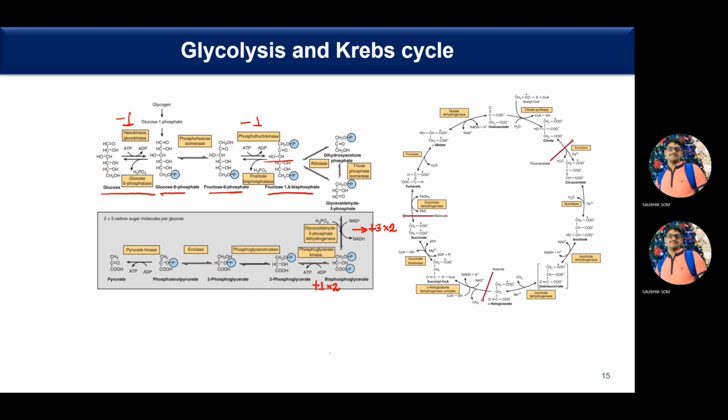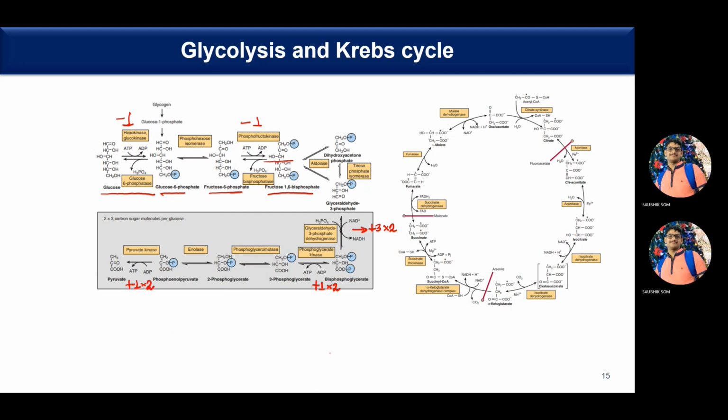Then 3-phosphoglycerate will be converted to phosphoenolpyruvate, and phosphoenolpyruvate to pyruvate by pyruvate kinase. This will also be plus 1 into 2.